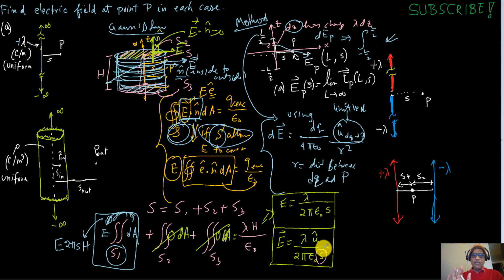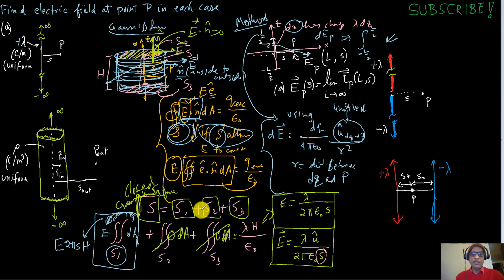So just to recap, our closed so-called Gaussian surface is made up of 3 parts, and in each part I know which way the electric field is pointed and which way the normal is pointed.